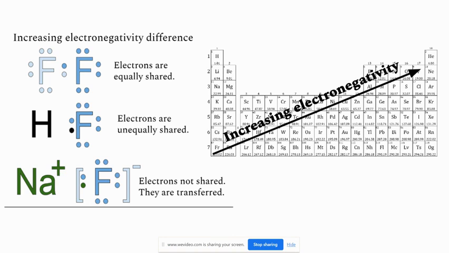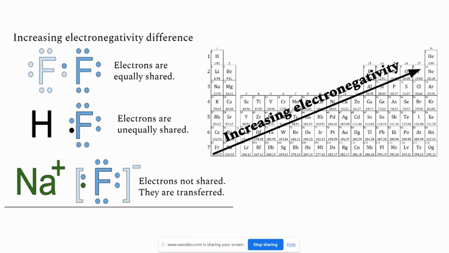So there's a couple ways that they can fill these electron levels and get these noble gas configurations. They can share. We will talk about that when we get into a future unit. Right now, we're concerned with transferring.